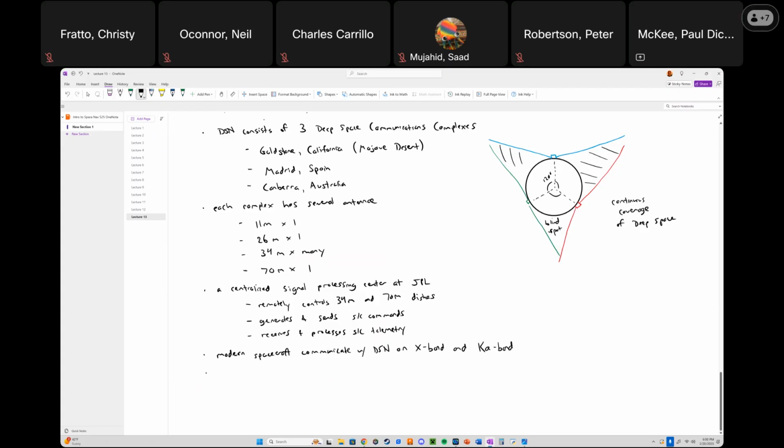And we mentioned before that DSN produces range and Doppler measurements.